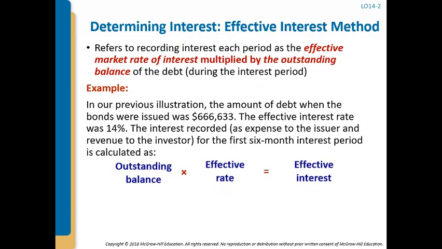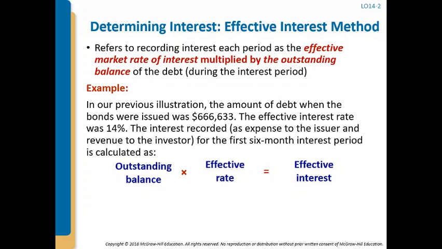And so what you're going to do is, every 6 months, you're going to calculate this amortization. Now there's a couple of ways to do this.